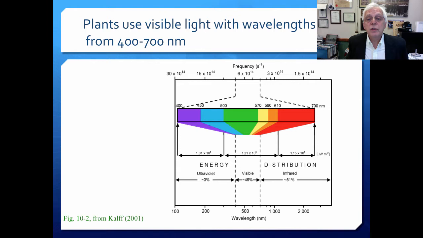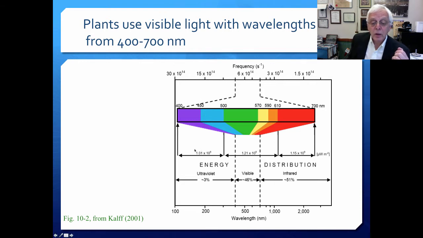Now, plants use visible light with wavelengths from about 400 to 700 nanometers. Well, what does that mean? Let's look at this graph. This graph breaks out the 400 to 700 nanometer range, and this is from the new version of the text. You see that the purple through red colors are used quite effectively, and this is the visible range of light, and also the photosynthetically active or available radiation.